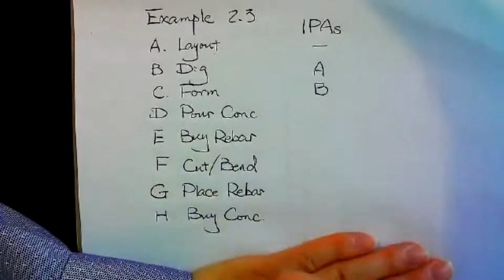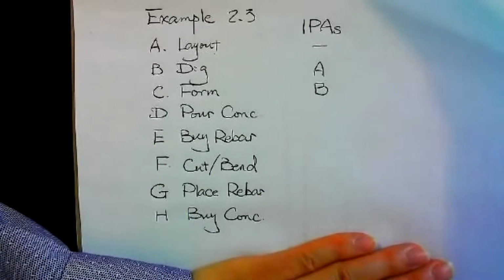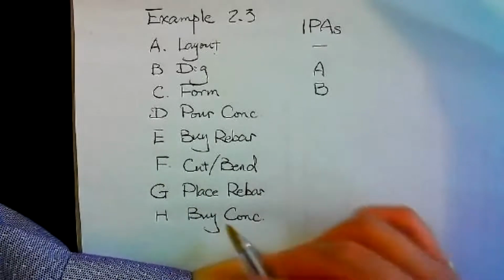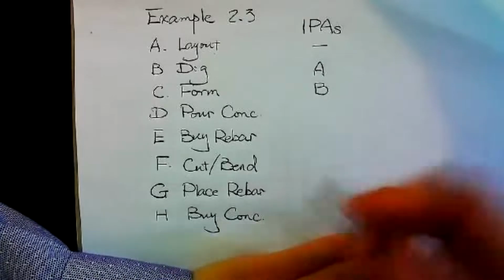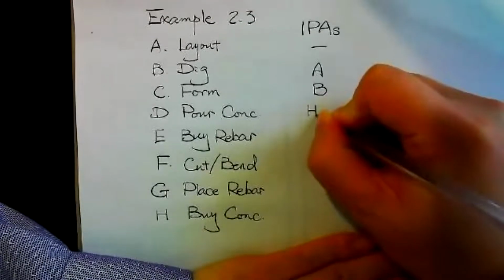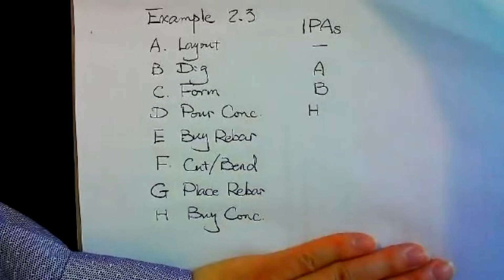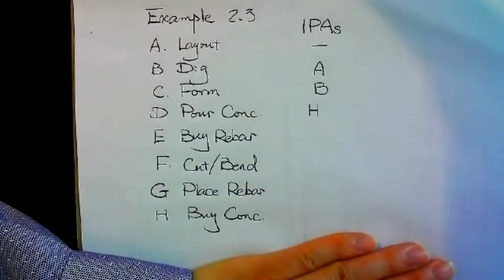Pour concrete. If I want to pour concrete, I need to get the concrete ready. So H, I know H is one of them. I need to get concrete ready. So I have to buy concrete before I can pour.